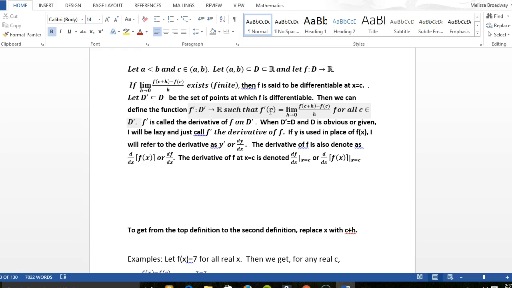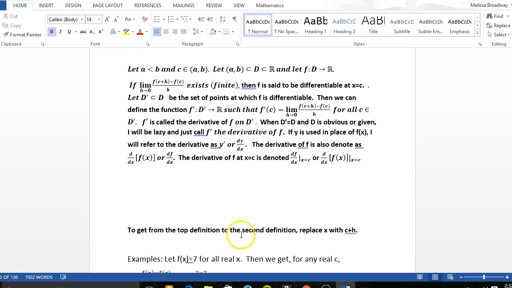So C is an interior point at which f is defined. We assume that's true from the get-go. And if it's also true that this limit exists, then we're differentiable at C. So C is an interior point of that domain D, which is the domain of the function f. When I say domain D, I mean the domain of the function f, to not be hollow.